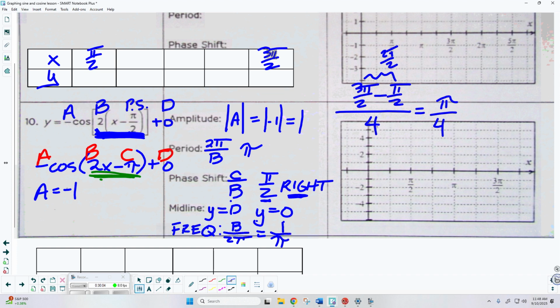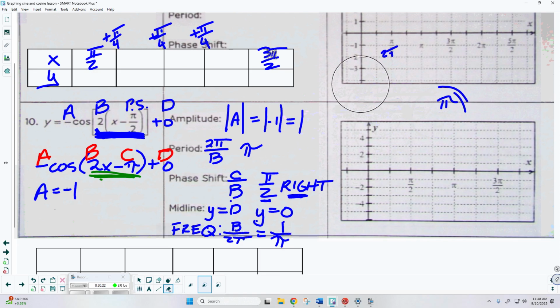All right, so how does this help me do that now? I just start adding. Plus pi over 4, plus pi over 4, plus pi over 4, over and over again.